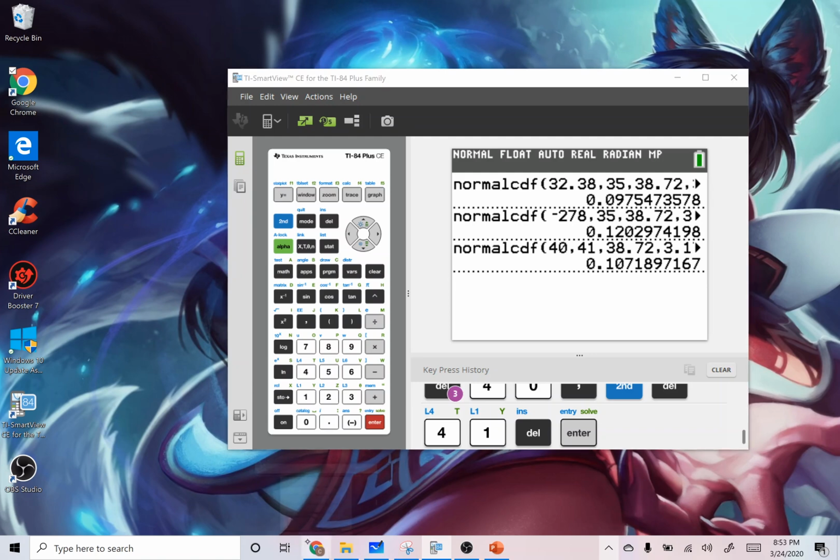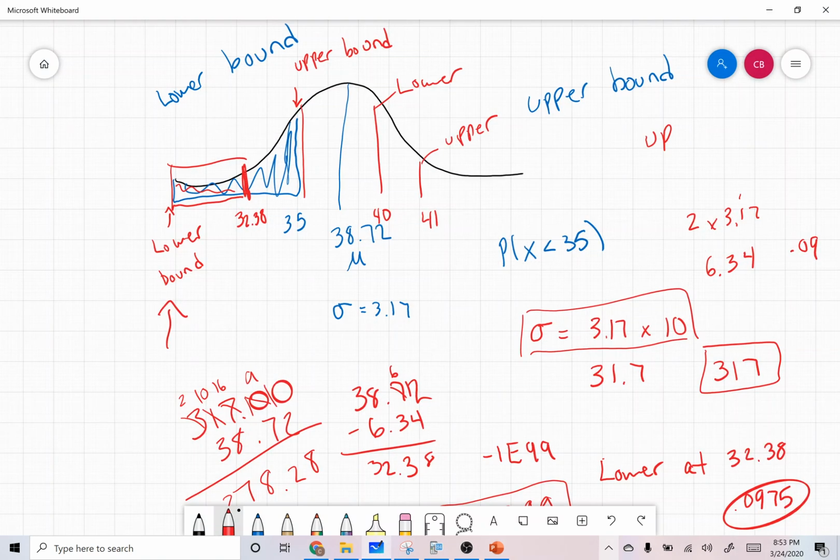So we don't have to worry about the lower and upper boundaries so much, like calculating what they should be, if it's between two numbers that are given. If it's the probability that 40 is less than x is less than 41, then we can simply enter those values into the calculator.